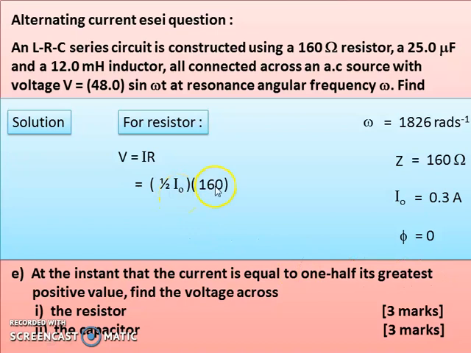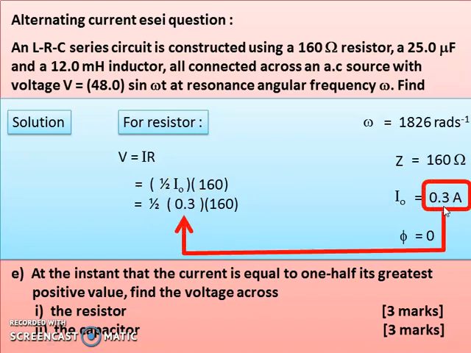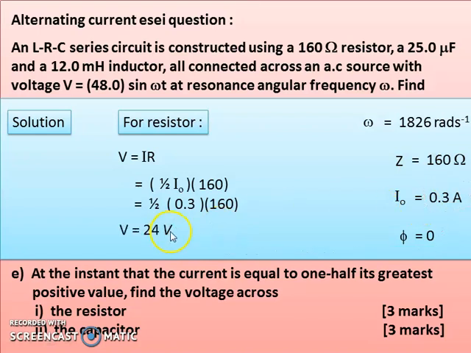The resistance is 160 ohm, and I peak is 0.3 ampere from question C. So the answer is 24 volt. So the voltage across the resistor is 24 volt.